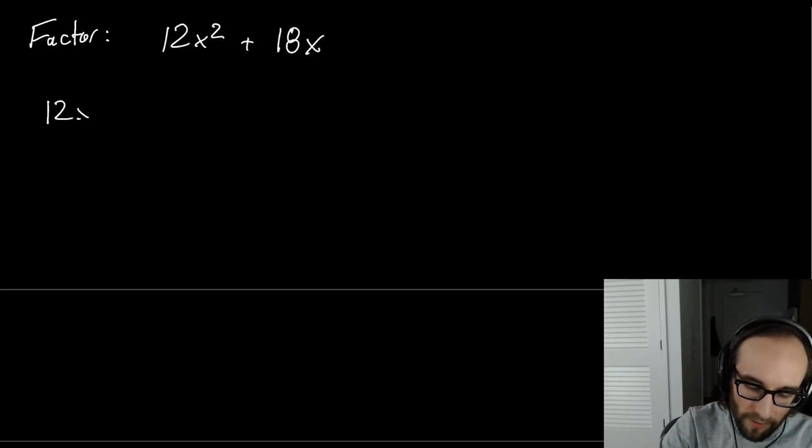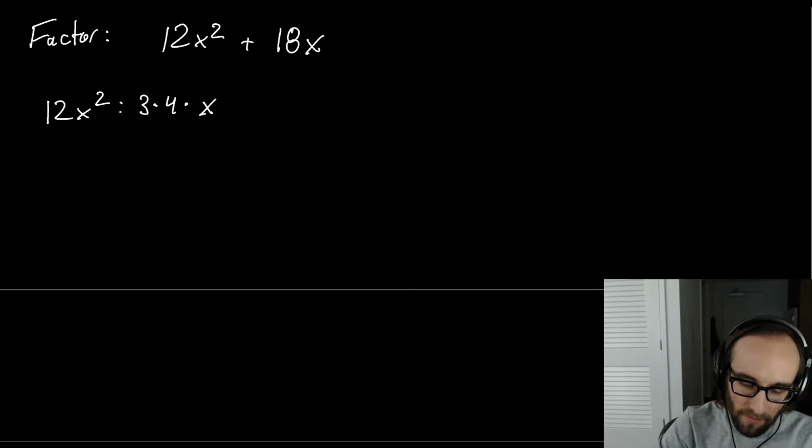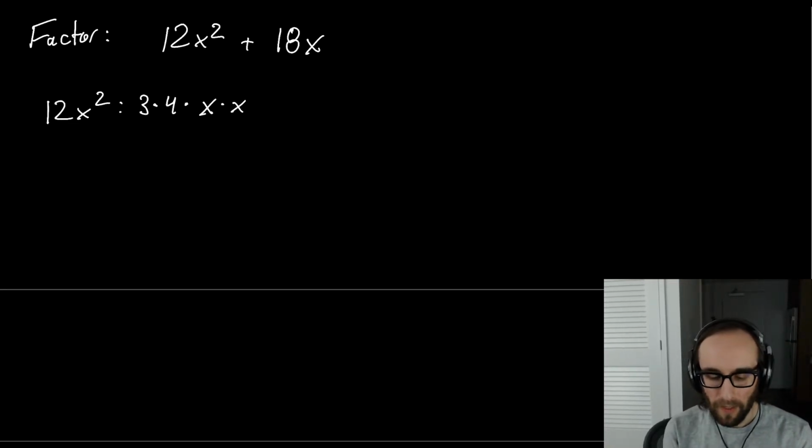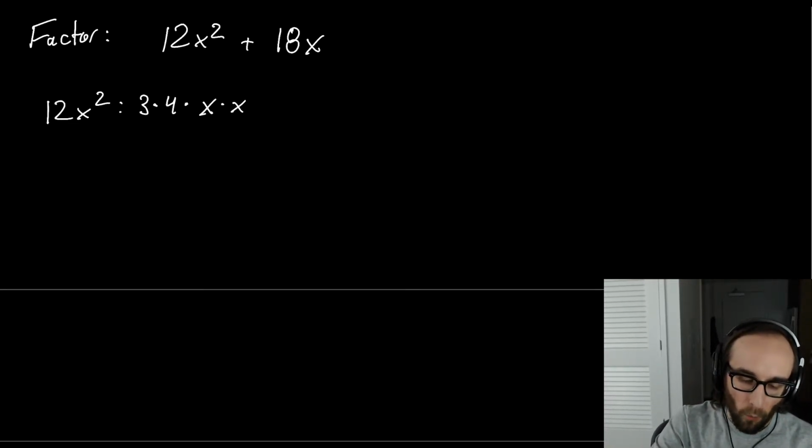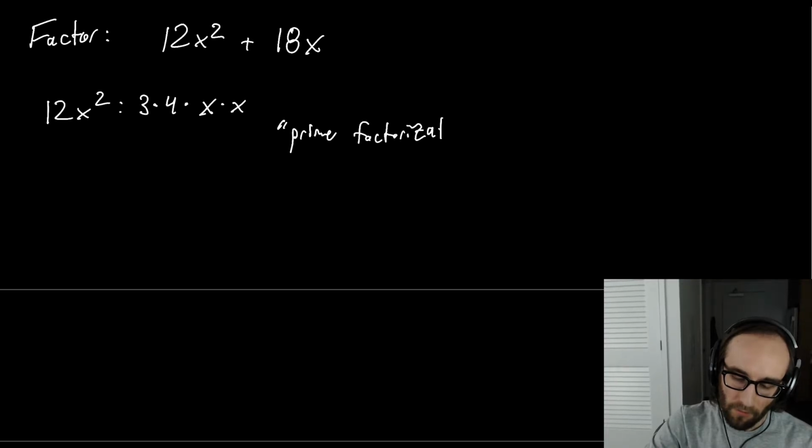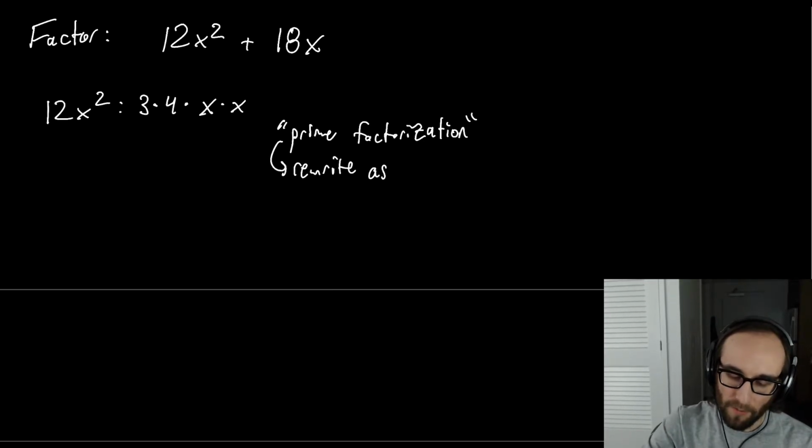For 12x squared, we could rewrite this as 3 times 4 times x. And if we wanted to go further, when we talk about something called prime factorization, that means that we rewrite as prime factors.